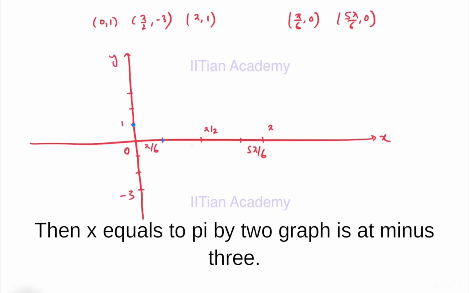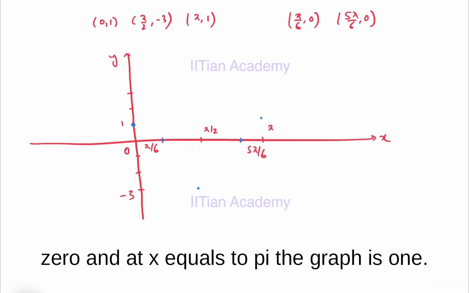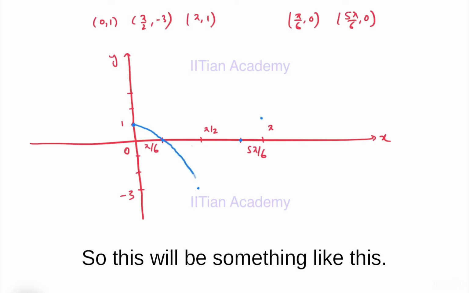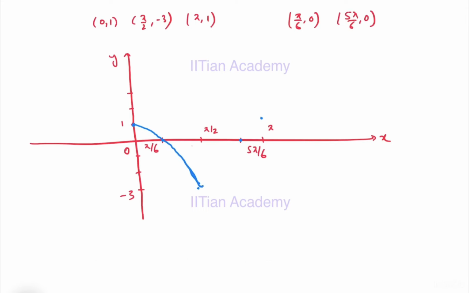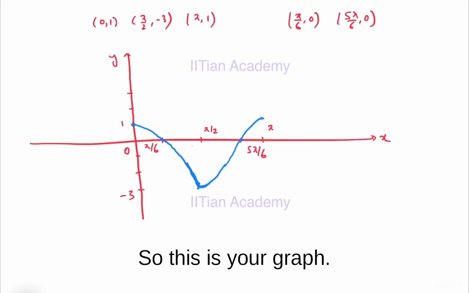Then at x equals pi by 2, the graph is at minus 3. And then at x equals 5 pi by 6, the graph is 0. And at x equals pi, the graph is 1. So this will be something like this. So the graph is something like this, shown in the blue. So this is your graph.